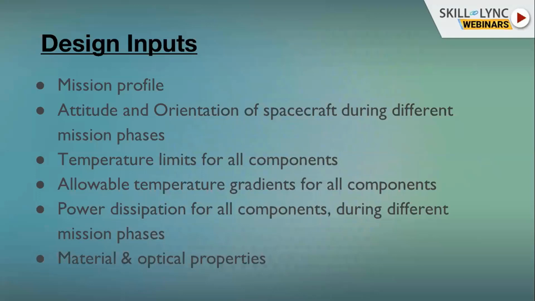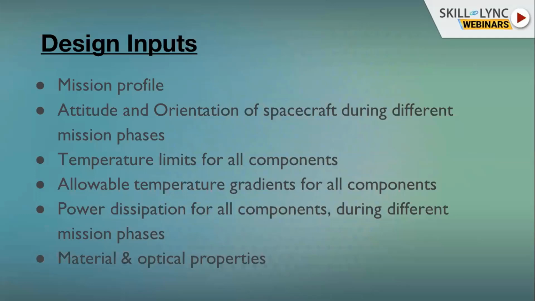Your solar panels, on the other hand, have a very wide range: they can withstand -100 to +100 degrees Celsius. Then there are other components, most of the electronics, which can work from -40 to +85 degrees Celsius. All these temperature limits you need to know before doing the thermal design and analysis. Then there are some components which have a requirement on the gradient.